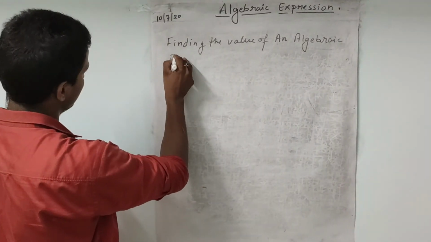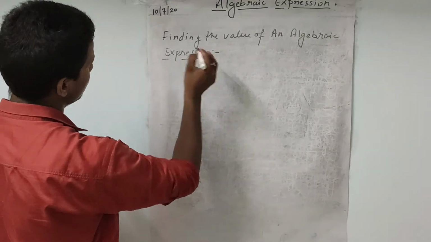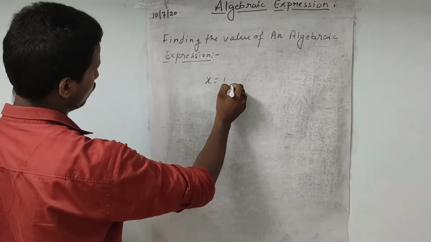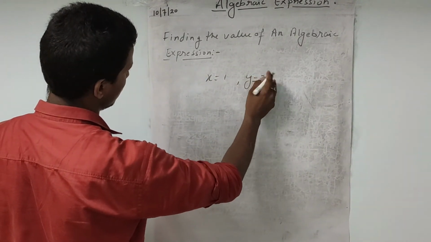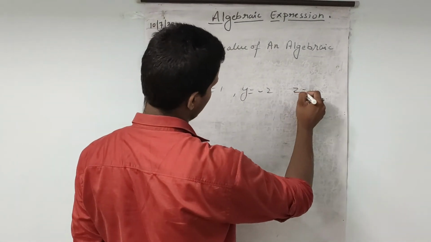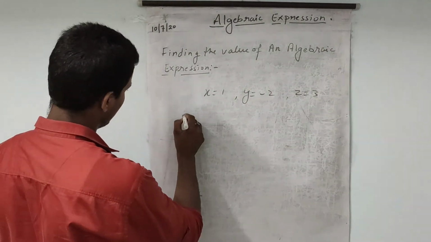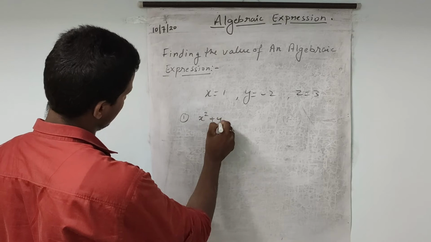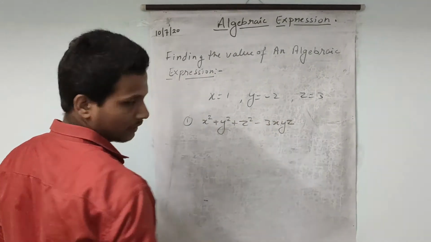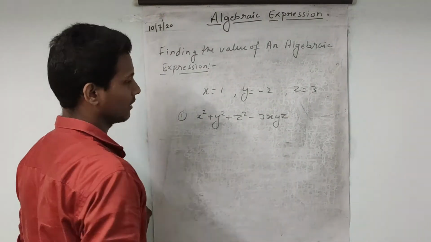Like we have been given x is equal to 1, y is equal to minus 2, and z is equal to 3. These three values are given, and we have the expression x square plus y square plus z square minus 3xyz. Okay, suppose this is given to us.